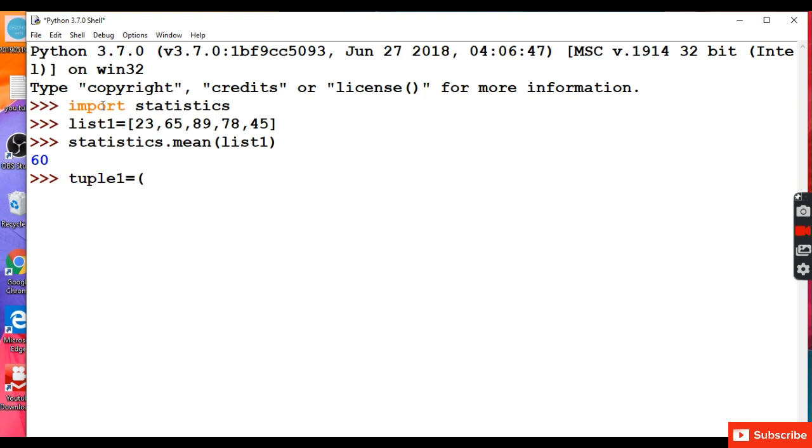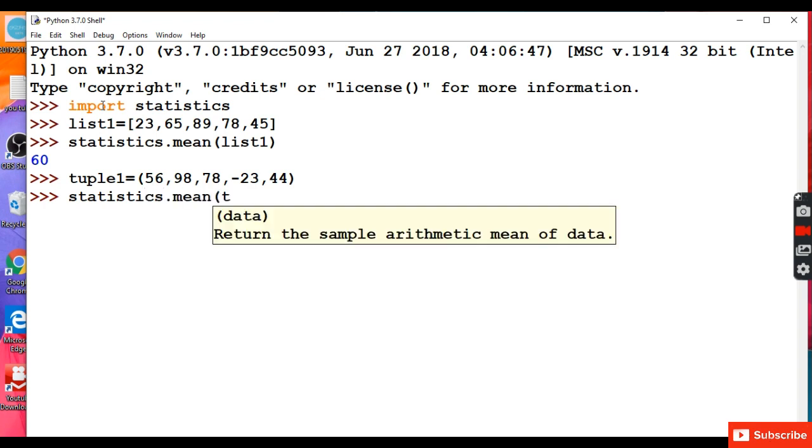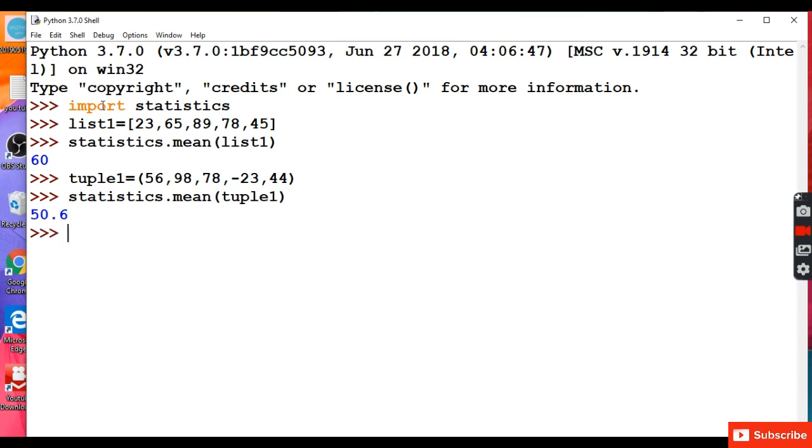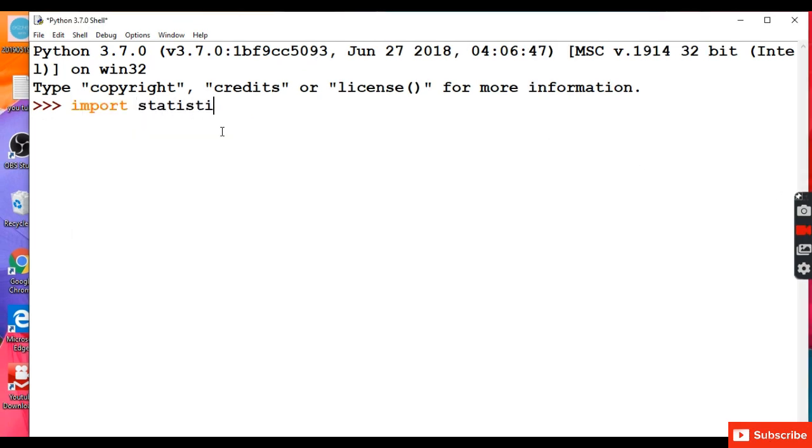So the answer will be 60. Similarly, we can calculate the median and the mode.